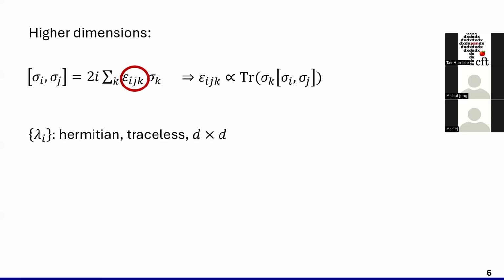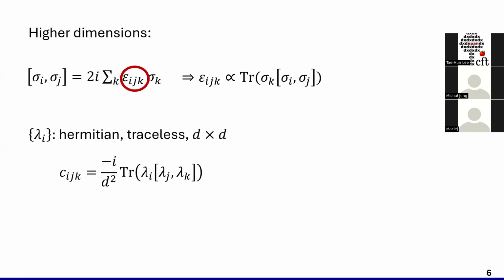And if now we want to generalize this structure constant to higher dimensions, we can replace the Pauli matrices by some Hermitian traceless d by d matrices, for example Gell-Mann matrices. But later we will also see that we can take any orthonormal system of matrices that fulfill these properties.